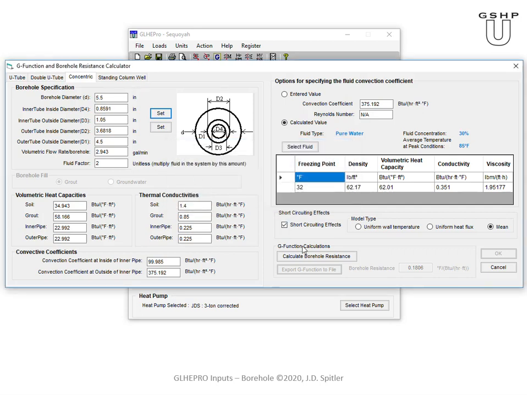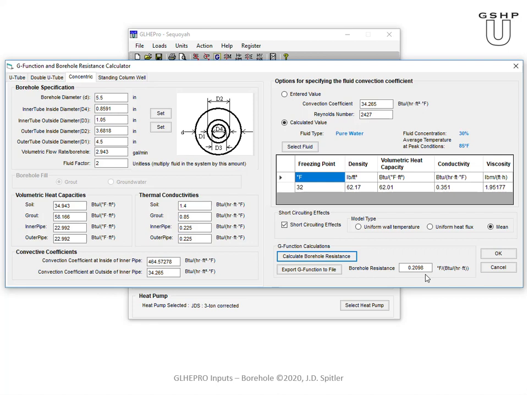So if we calculate the borehole resistance, we've got basically 1/2 inch on either side of grout around the outside of the outer tube. We have a fairly large outer tube, so we're going to have a fairly low Reynolds number in the annulus. Okay, so you see the borehole resistance is 0.2098.